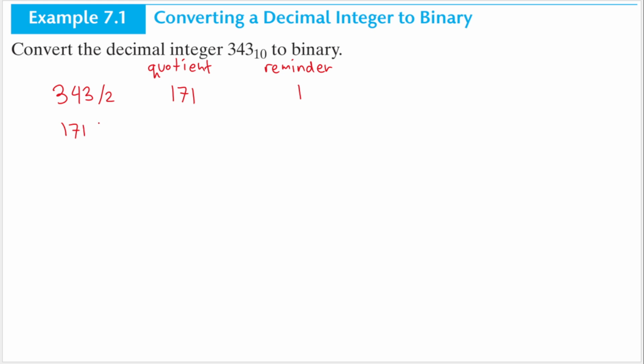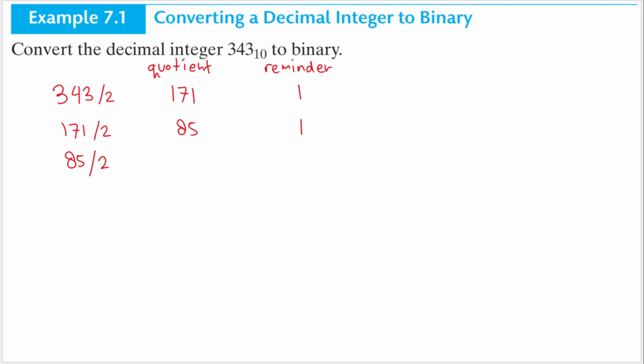So we'll have 171 divided by 2. I think we will have 85, because 85 multiplied by 2 is 170, so we have a remainder of 1. We repeat again: 85, put it here, divided by 2.